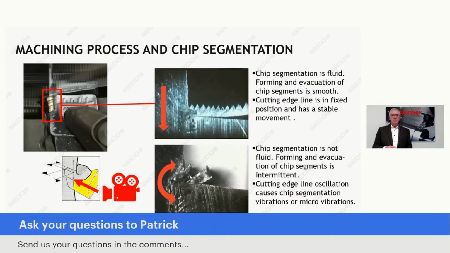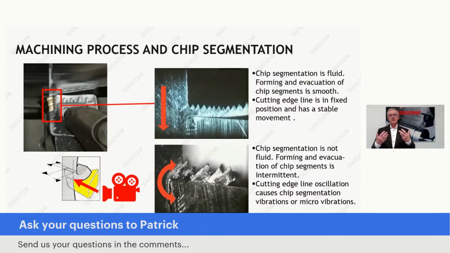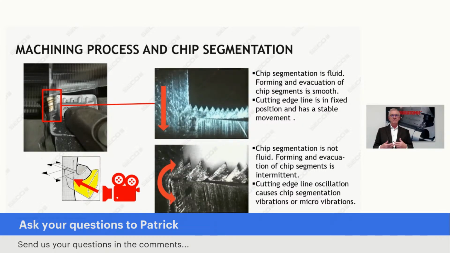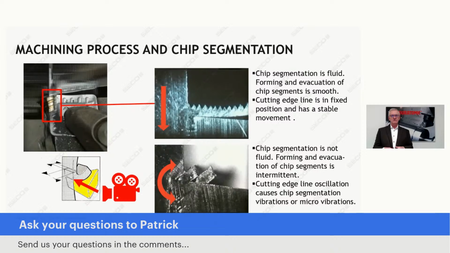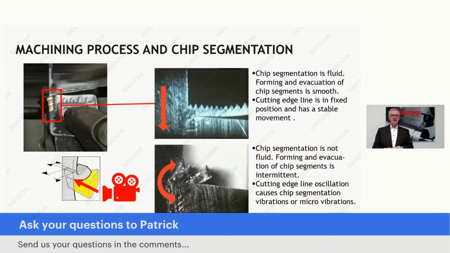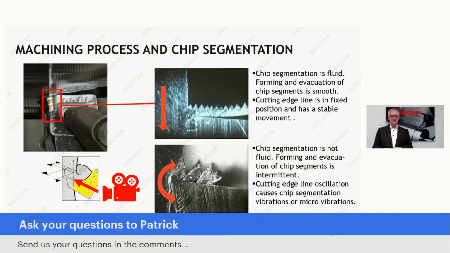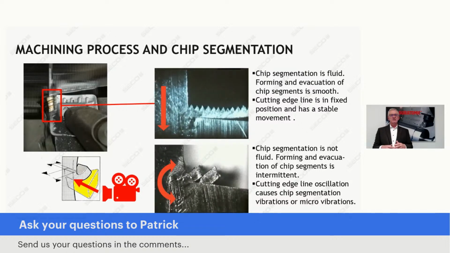When you see the video on top, what you see is a fluid chip segmentation. The forming and the evacuation of the chips is going smoothly, and the cutting edge is in a rather stable position, contrary to what you see in the bottom, where chip segmentation is not so fluid.